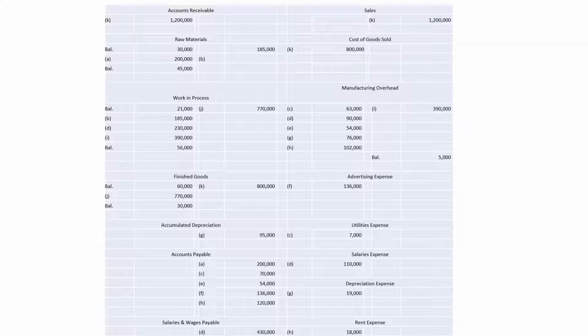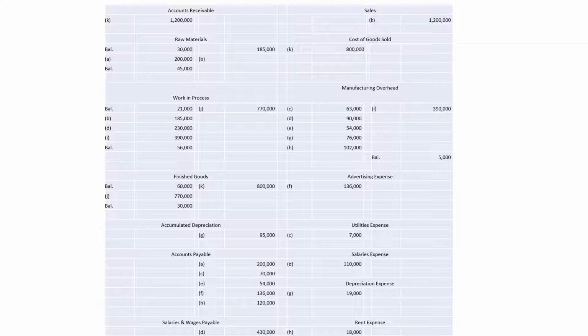We're going to debit work in process 230,000, debit salaries expense 110,000, and then credit salaries and wages payable for the 430,000. In E, we debited manufacturing overhead 54,000 and we credited accounts payable 54,000.